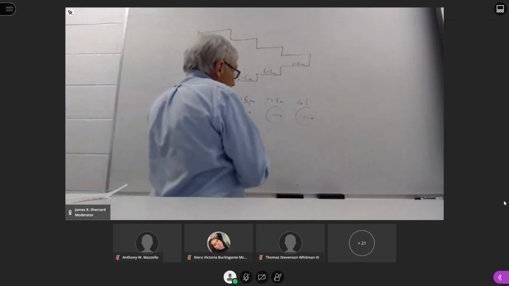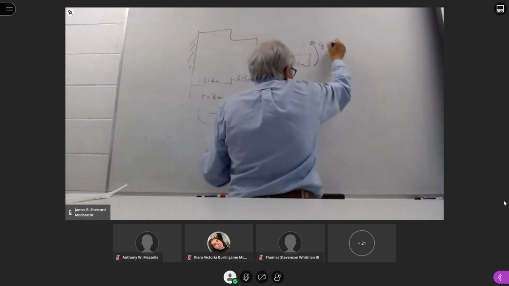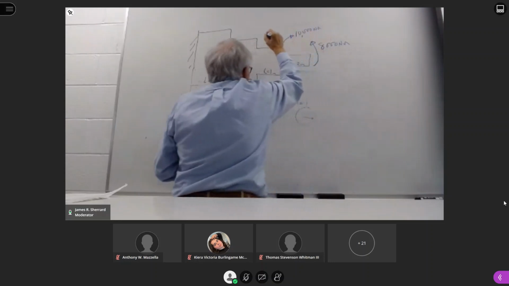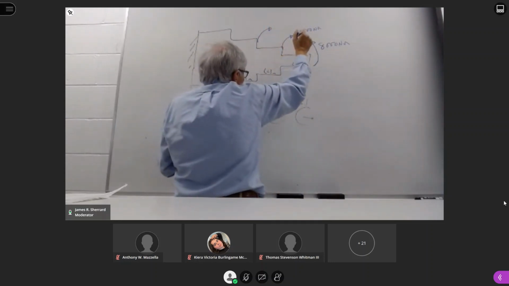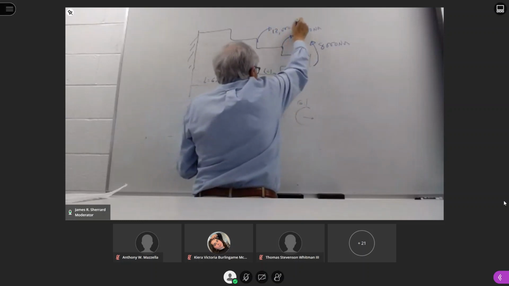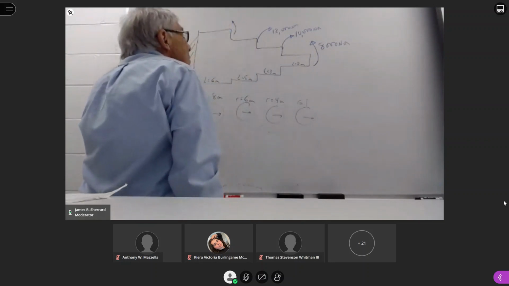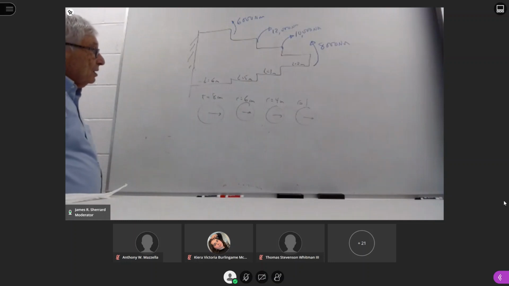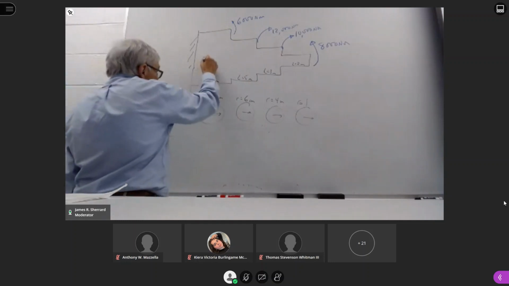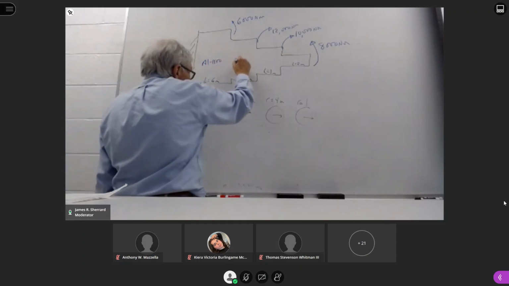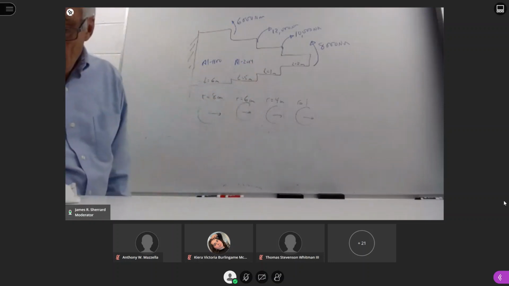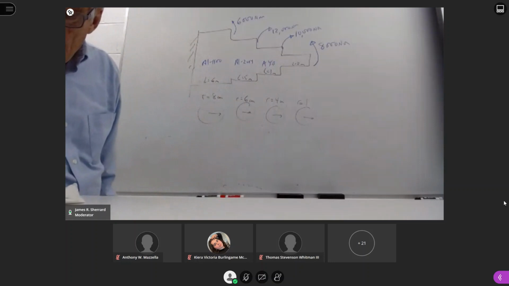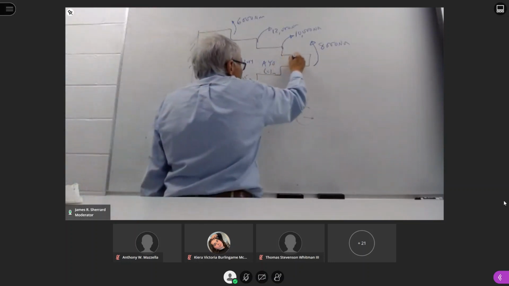And let's say I apply torques such that, and let's say I make this 1100, this aluminum 2014, it's annealed yellow brass, and this is annealed stainless steel.